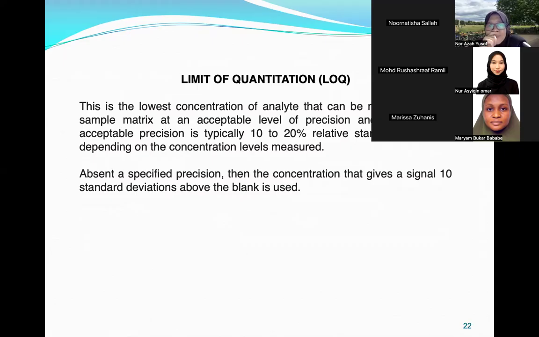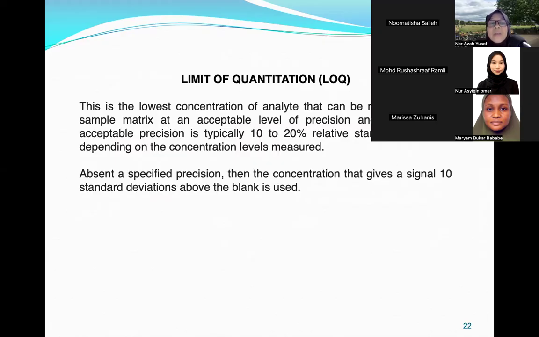Limit of quantification, or quantitation. This is the lowest concentration of analyte that can be measured in the sample matrix. Remember what is sample matrix? I gave the example of river water. There are a lot of things in the river water, so that is the matrix. If you are talking about blood samples, there are glucose, hemoglobins, white blood cells.